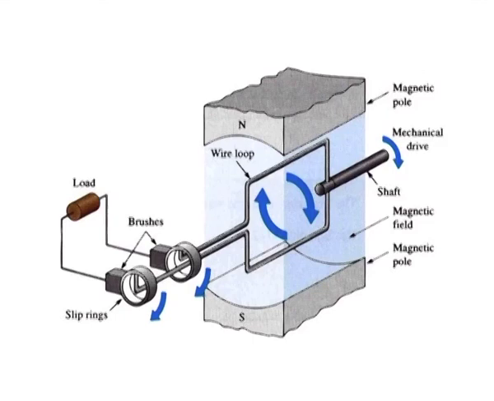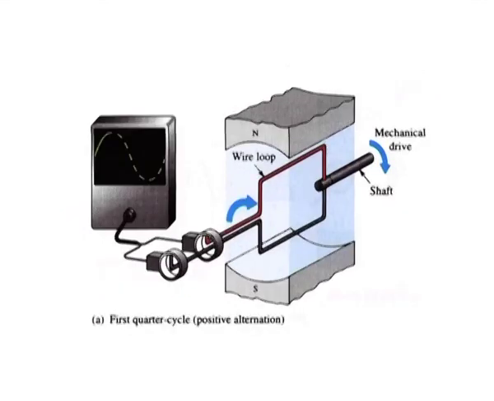You must have learned that when a conductor moves through a magnetic field, a voltage is induced. Figure here illustrates how a sinusoidal voltage is produced by the basic AC generator as the wire loop rotates. An oscilloscope is used to display the voltage waveform.